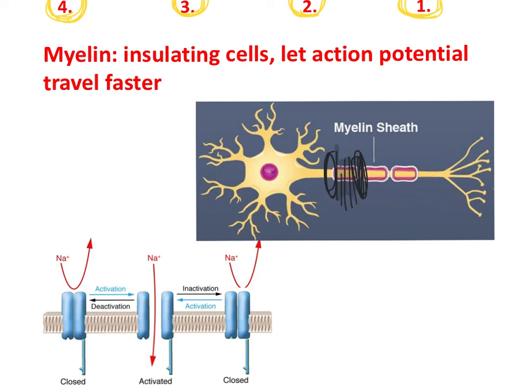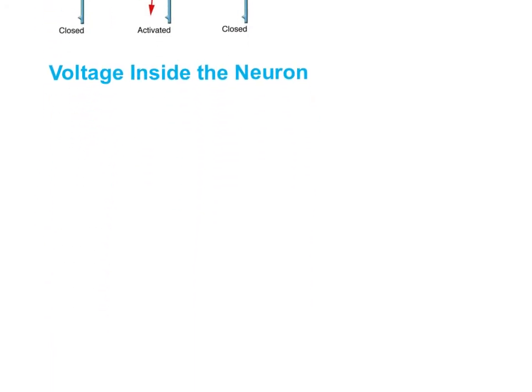So myelin is said to insulate the cell, allowing the action potential to travel faster, simply because not as many sodium channels need to open in order to send the action potential.